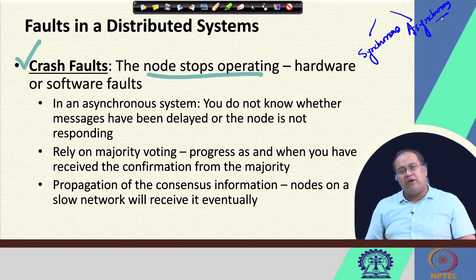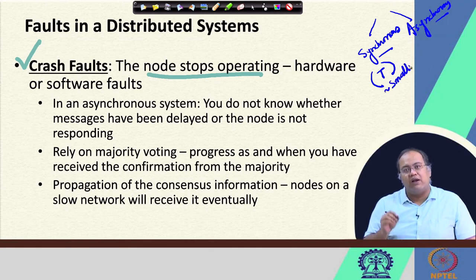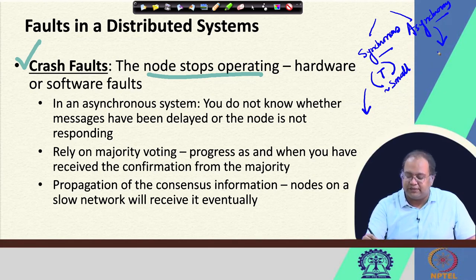In a synchronous communication channel, we have a predefined time bound t, which is very small, and it is expected that all the messages will be received within this time bound t. But in an asynchronous channel, I do not have such a time bound. So the messages can be received out of order or can get arbitrary delay.